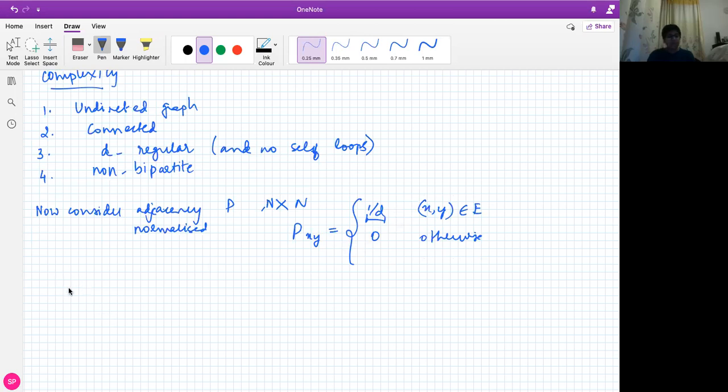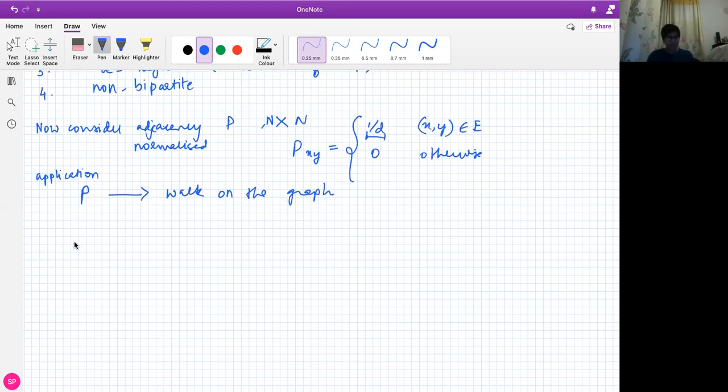Now the claim is that this P is analogous to a walk on the graph. Application of P is a walk on the graph. I'll show you how. Imagine you took a vector v, which is 0 on all elements, of size n cross 1, and it is 1 at the y'th coordinate.